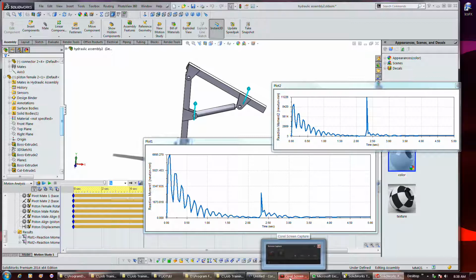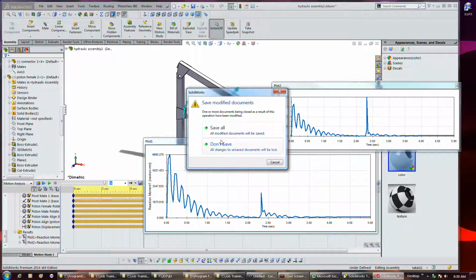I'll see if I can find the original unmolested file and go through the tutor again, but there's just stuff I just don't get. Like, I'm closing this assembly, but what other documents have been modified? I haven't changed any of the parts, so what is this talking about? Why is this popping up?